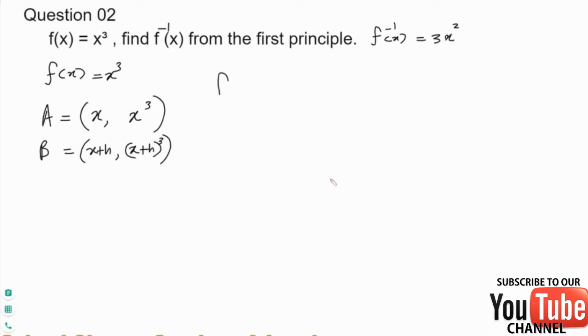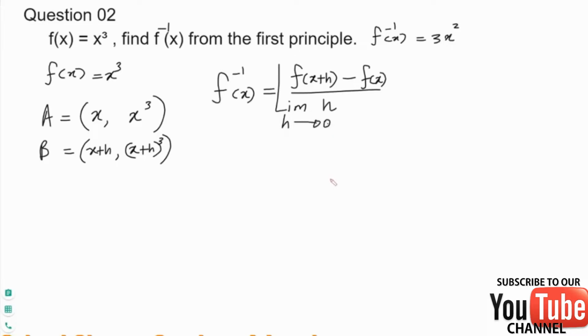Now I need to write the equation of the first derivative. First derivative, f dash x means, right, f of x plus h minus f of x over h, limit h goes to 0, right?